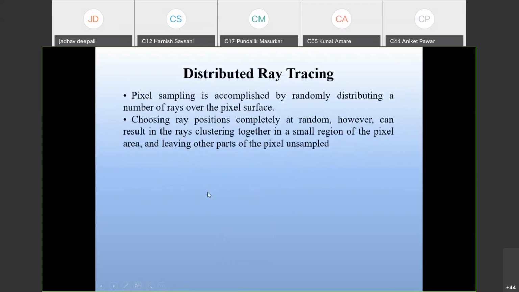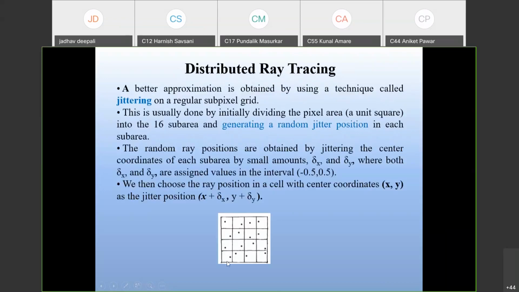You can see in this example that the center area is not used, as any area of the pixel is chosen randomly. Here there are samples, while in this portion there are no samples.